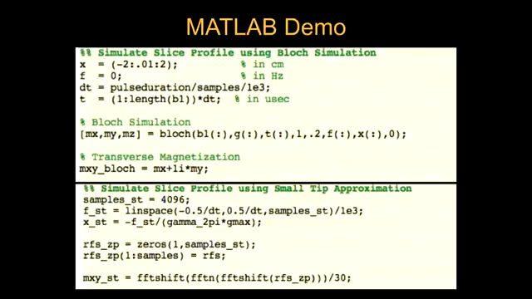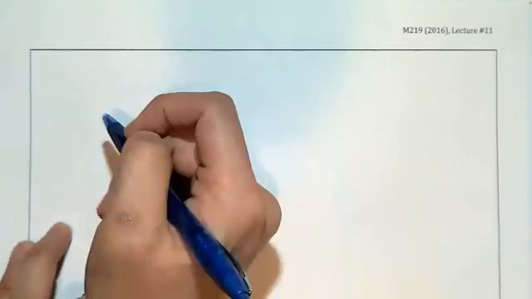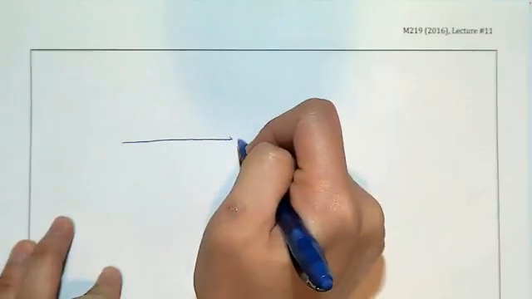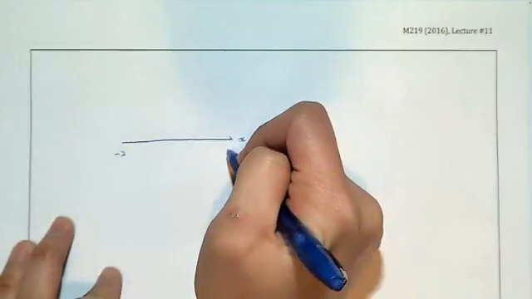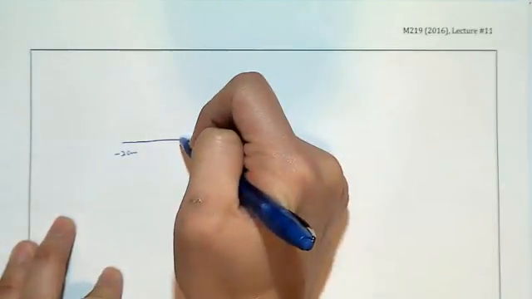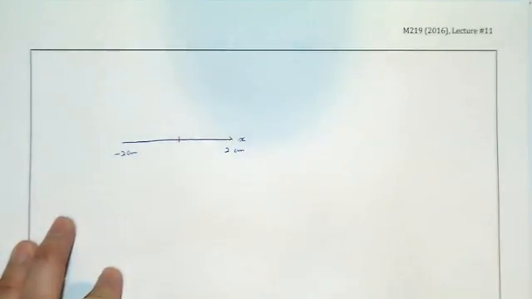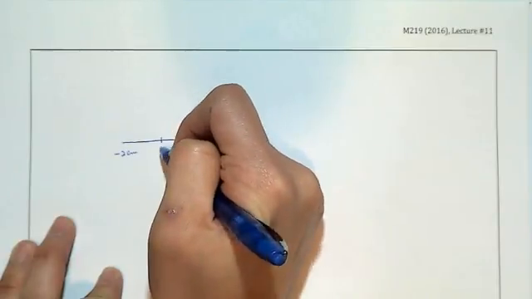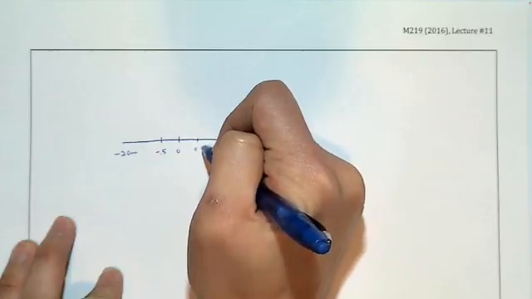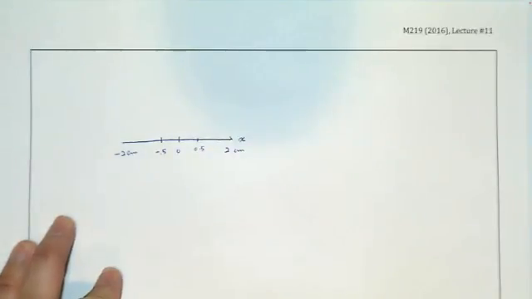I'm not sure if you understand what I'm talking about, so what I want to say is like this. We're going to plot spatial location, from -2 centimeters to 2 centimeters, and to achieve a 1 centimeter slice thickness, from -0.5 to 0.5 everything is tipped down.